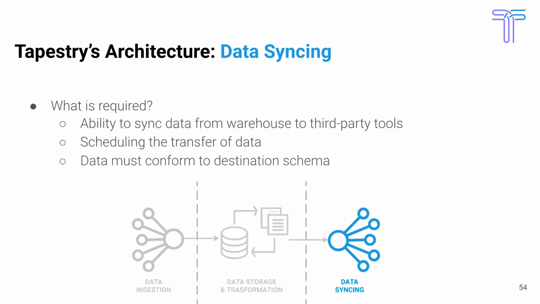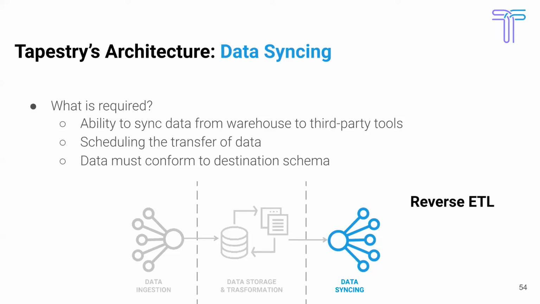However, data syncing is more challenging than ingestion in that the data must conform to the destination's schema. This concept of syncing data back into your tools is relatively new and has recently been coined reverse ETL.